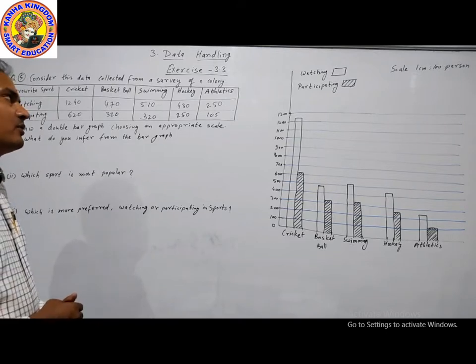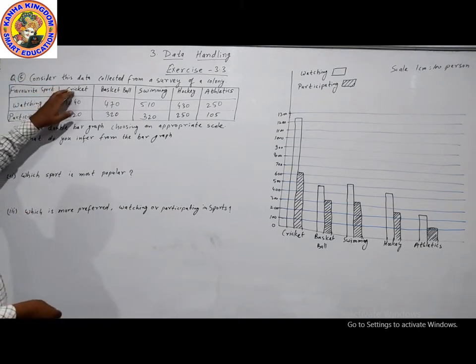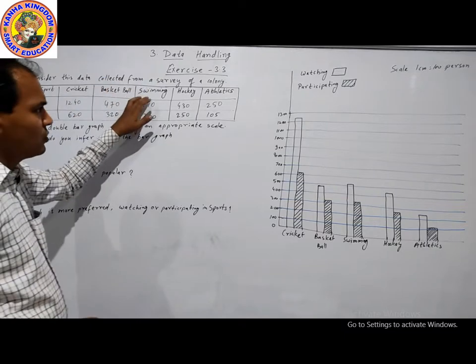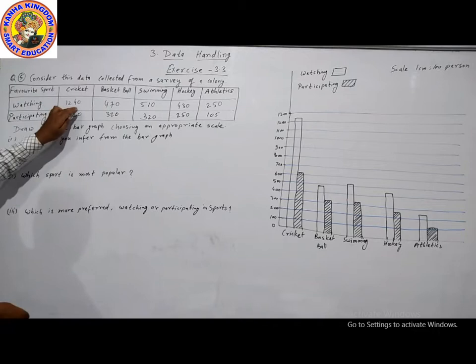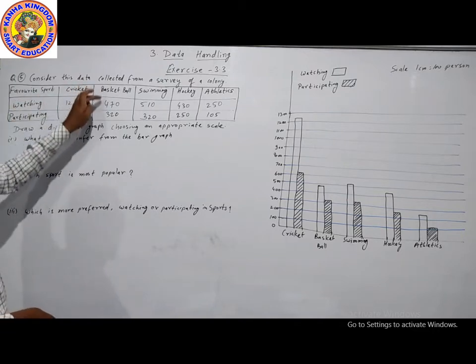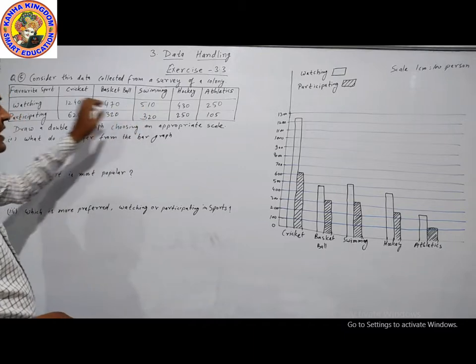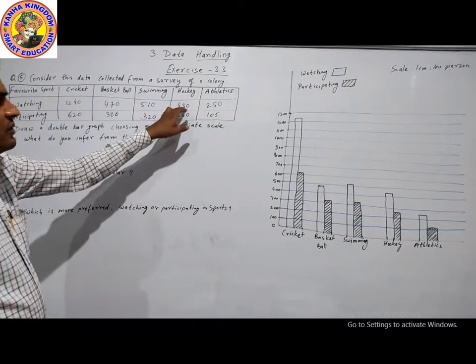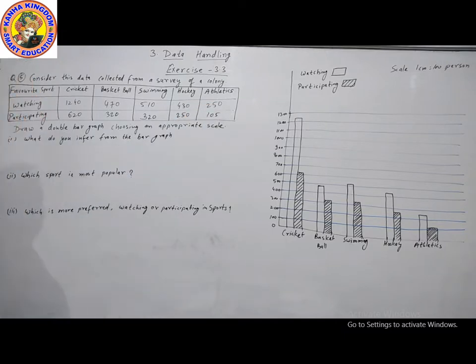Now let's begin from this. Consider the data collected from a survey of a colony. Favorite sports: cricket, basketball, swimming, hockey and athletics. Watching cricket 1240, watching basketball 470, watching swimming 510, watching hockey 430, watching athletics 250 persons.